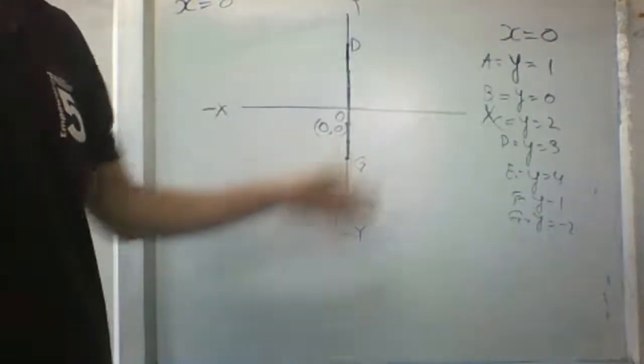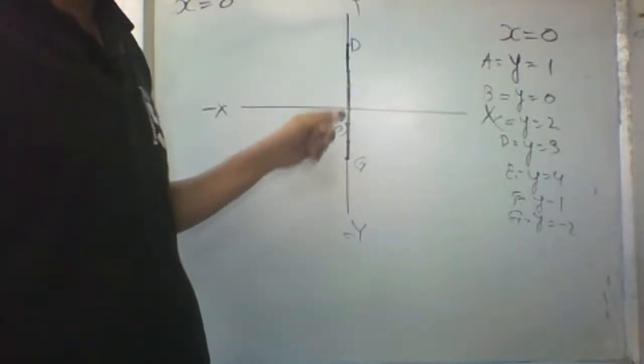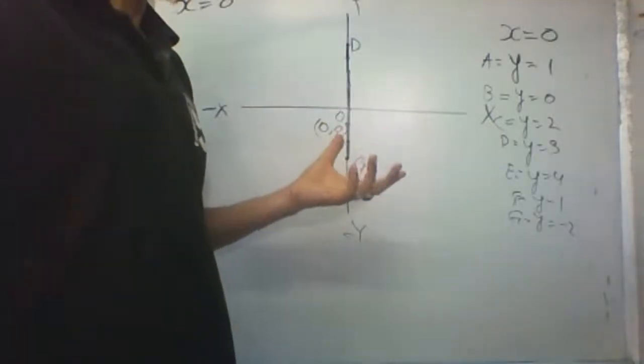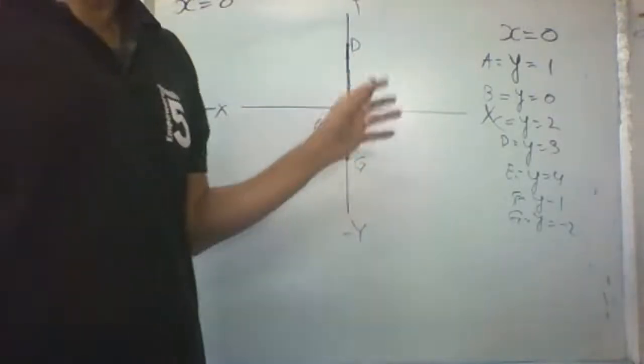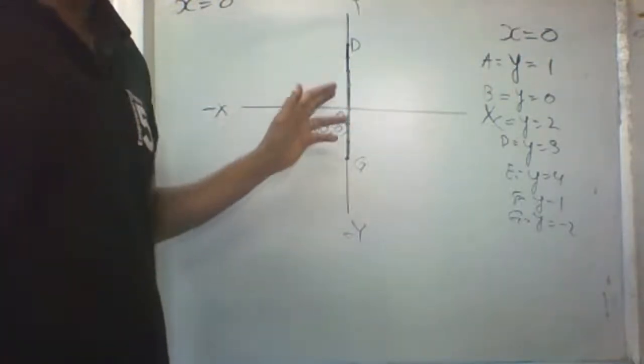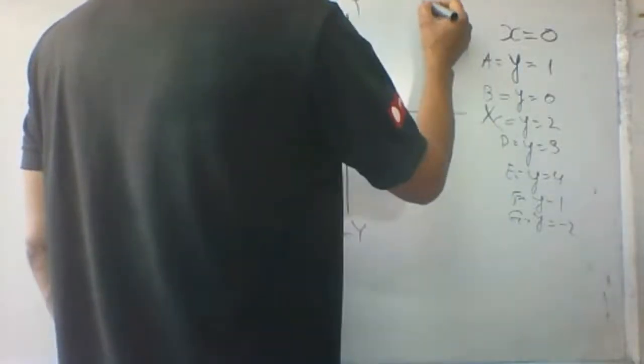X is equal to 0 means everything is on x equal to 0, but the value of y varies. So if your teacher gives you a question, plot a graph of x is equal to 0, then you will plot a graph like this on the y-axis. The second question will arise here: if y is equal to 0.